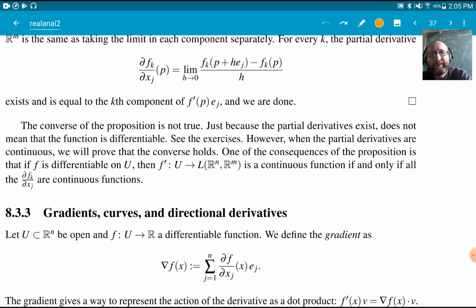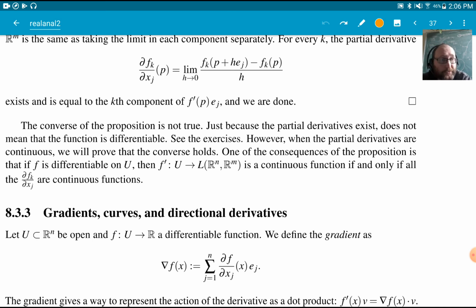But just because you can compute the partial derivatives doesn't necessarily mean that you have the derivative. The partial derivatives do not imply a derivative. The other way around, yes: if it's differentiable, then the partial derivatives give you a way to compute the derivative. But it first has to be differentiable.